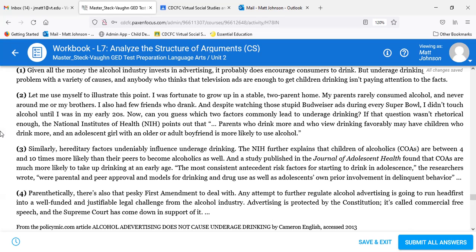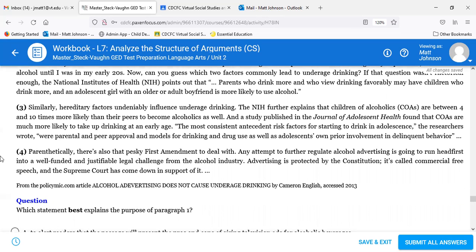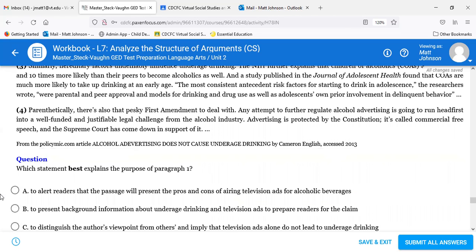Any attempt to further regulate alcohol advertising is going to run headfirst into a well-funded and justifiable legal challenge from the alcohol industry. Advertising is protected by the Constitution. It's called commercial free speech, and the Supreme Court has come down in support of it. That's from PolicyMike.com article, Alcohol Advertising Does Not Cause Underage Drinking by Cameron English, 2013.